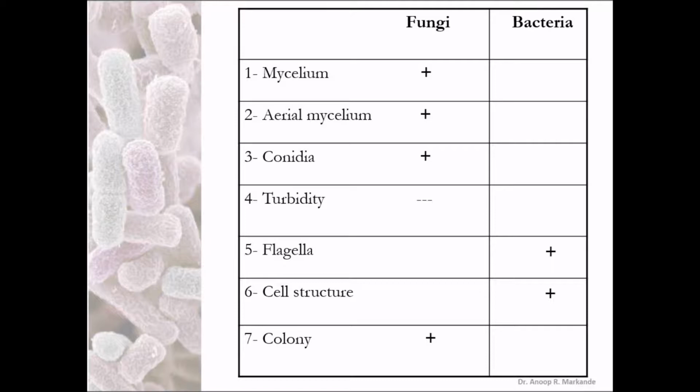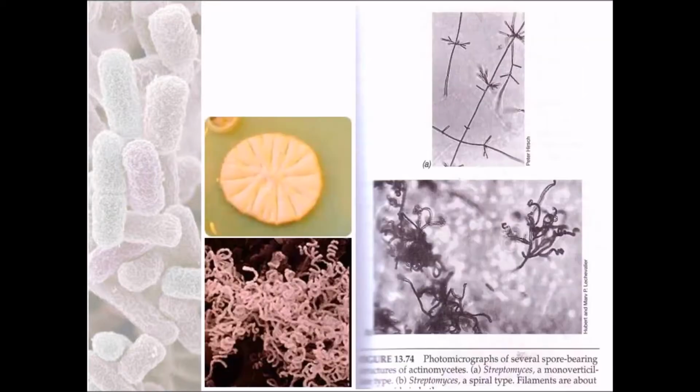Many of these actinomycetes show bacterial flagellum, and their prokaryotic cell structure is similar to bacteria. But overall, the colony morphology is like a fungi. As can be seen in this image, the colony morphology looks like a fungi, while the cellular structure, it also looks like a fungi. It is branched filamentous organism, while it is prokaryotic in nature.